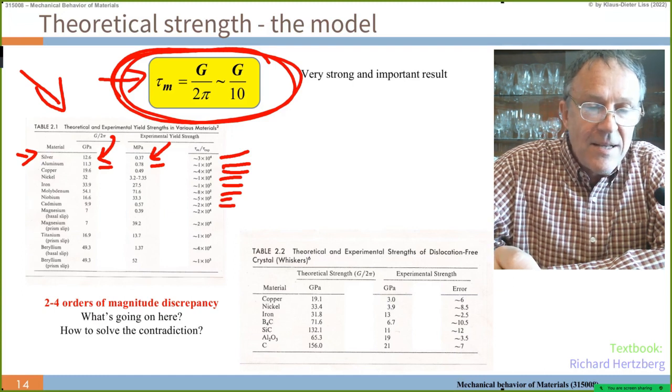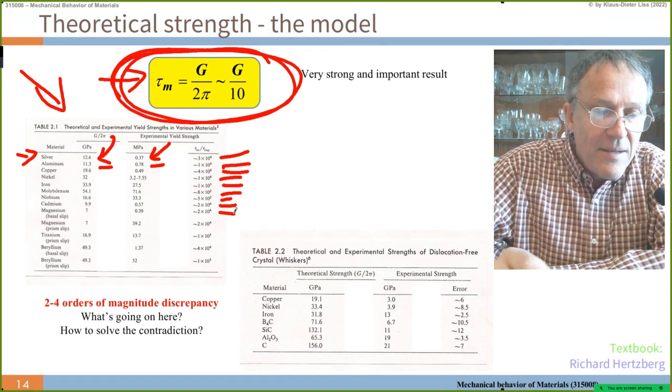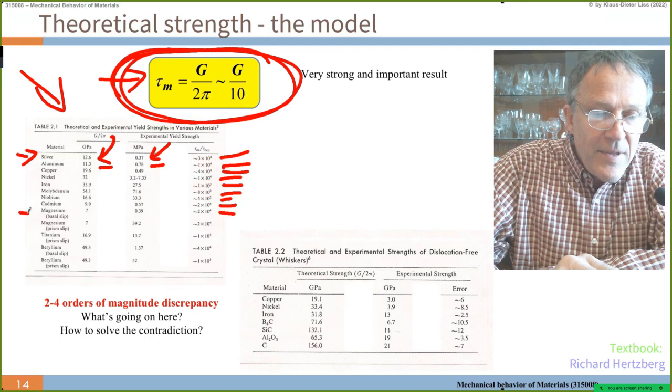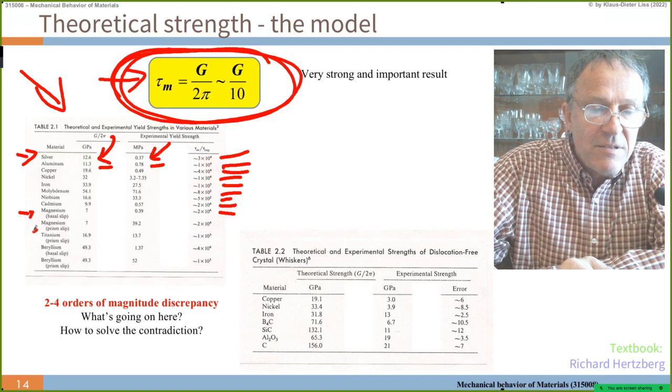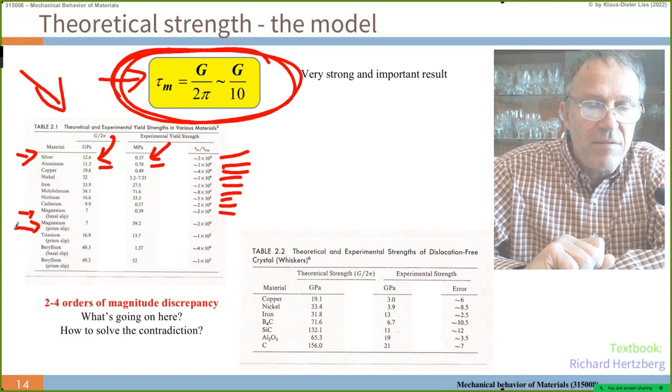But cadmium again, 10 to the 4. Magnesium, 10 to the 4. In magnesium we have a different slip system because it's not cubic. We can slip along the basal plane, or we can slip along the prismatic planes.